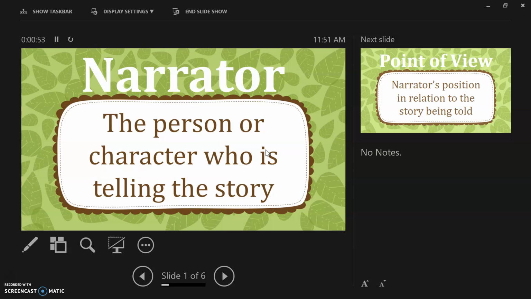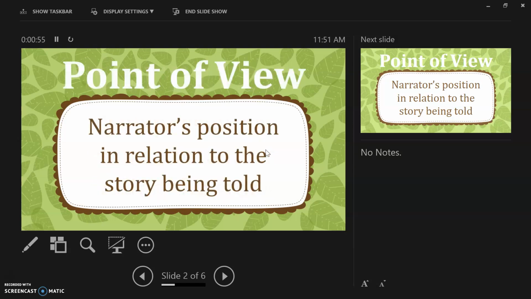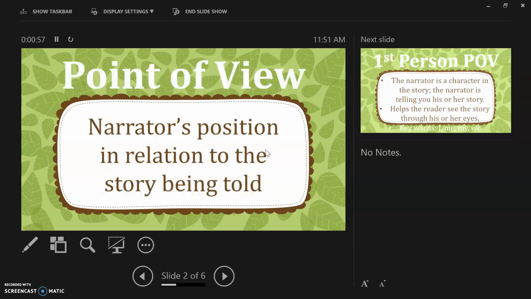The next important term is point of view. A point of view is just the narrator's position to the story being told.